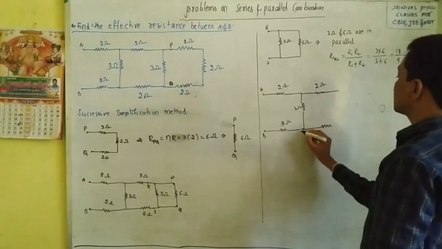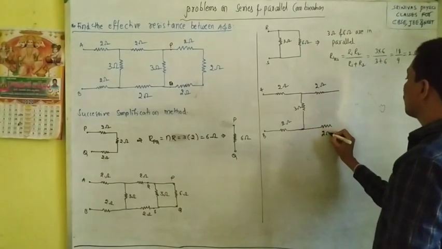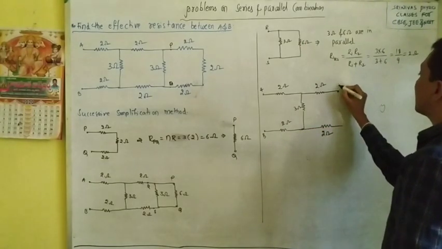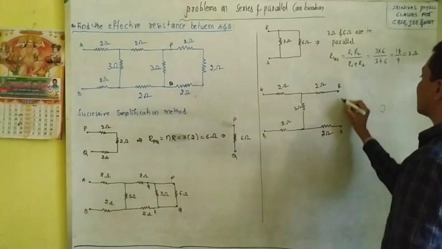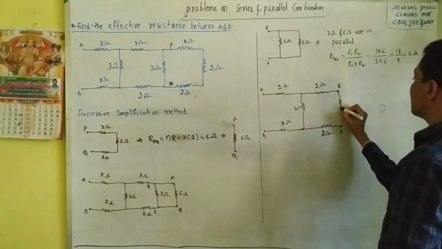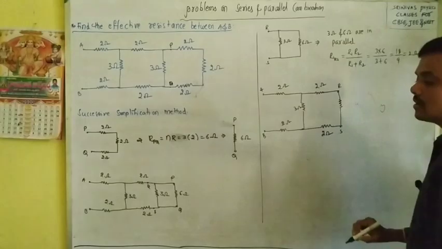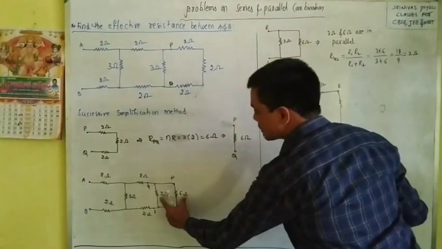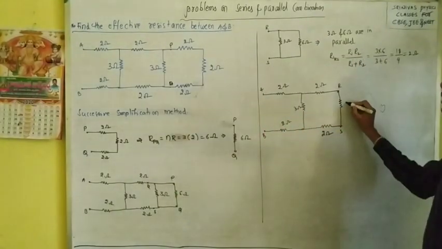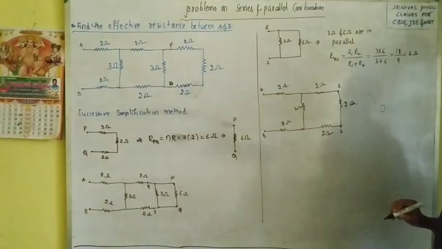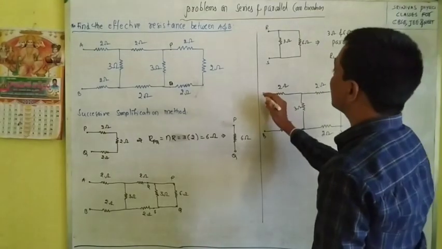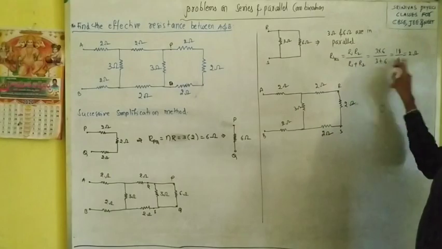This is again 2 ohm. And between R and S we found the effective resistance, right? What is the effective resistance? Yes, between R and S these are in parallel. We got 2 ohm. Okay, look at here. Here we got the 2 ohm.